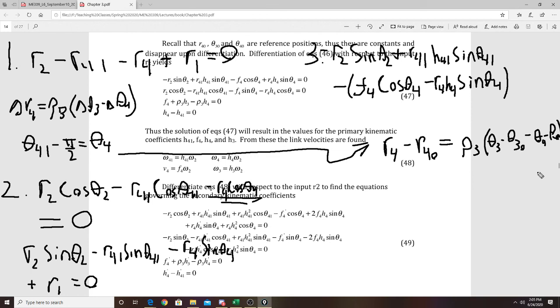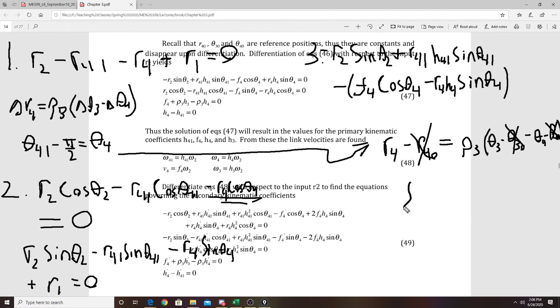So real quick, what is R4? Is that a known constant to us? Or R4 naught, that's what I meant, R4 naught. R4 naught is just the starting position, right? And we know what the starting position is. So, basically, all of the knots go away.